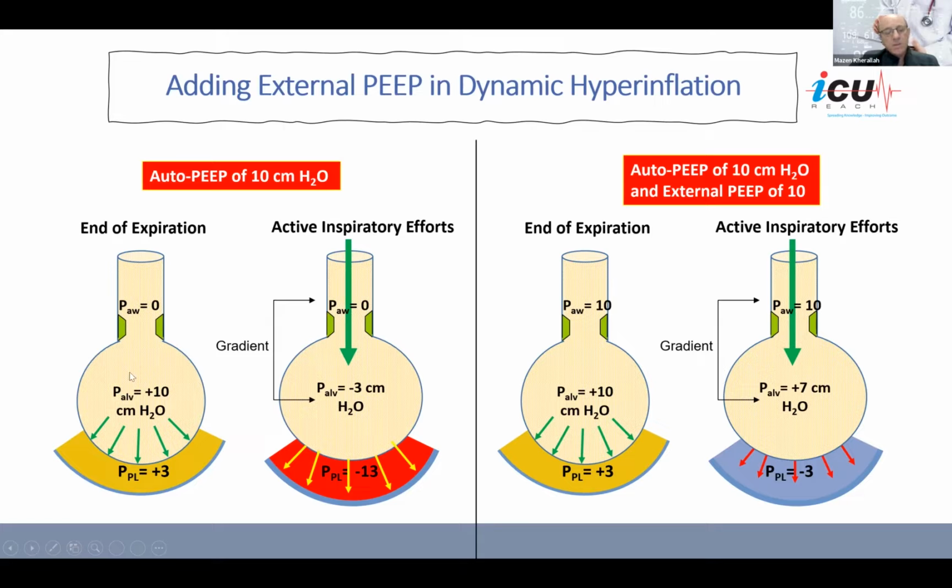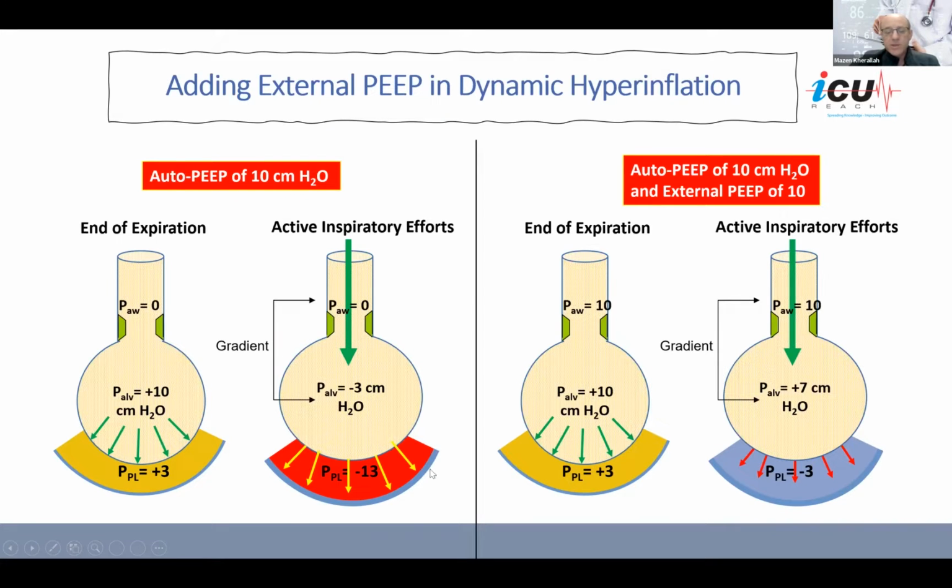Again, as I said, this patient who's got auto-PEEP of 10 centimeters of water, in order to generate any flow, we need to drop below 0. So with this patient having auto-PEEP of 10, you need to drop to -3.